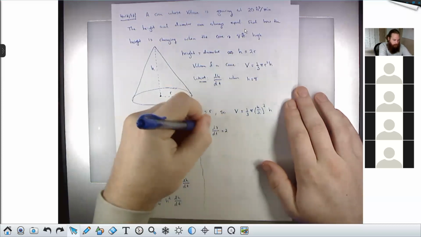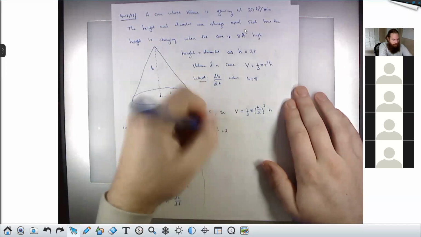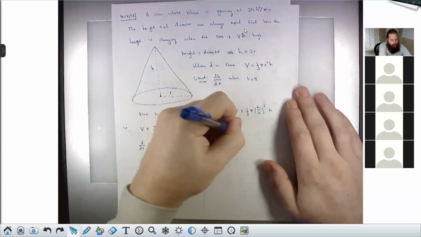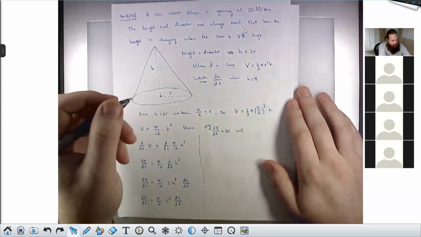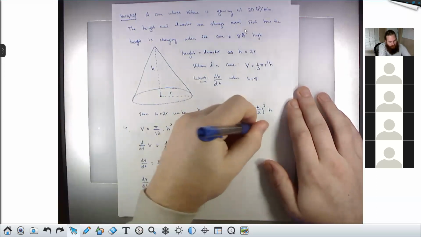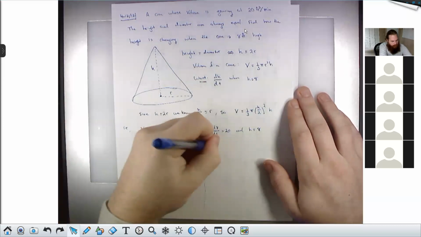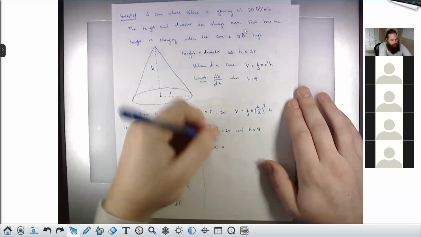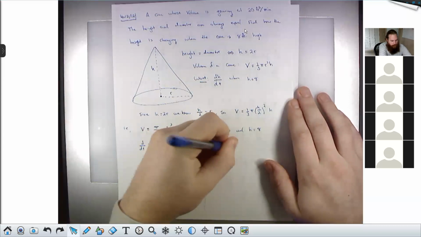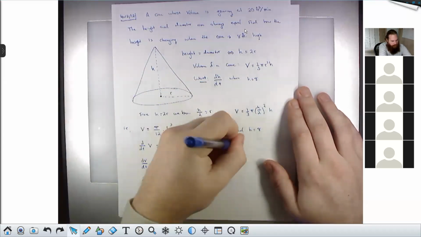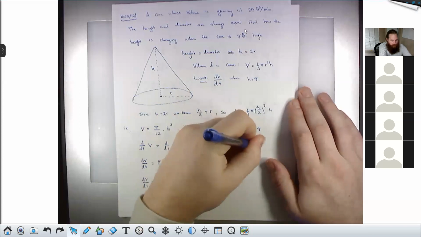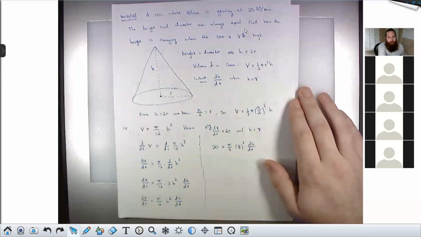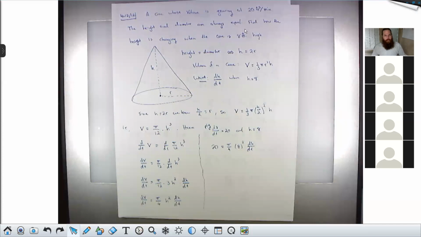So I'm going to plug in dV/dt equals 20 and h equals 8. That'll give me 20 equals pi over 4 times 8 squared times dh/dt. And I'll zoom back in down here.